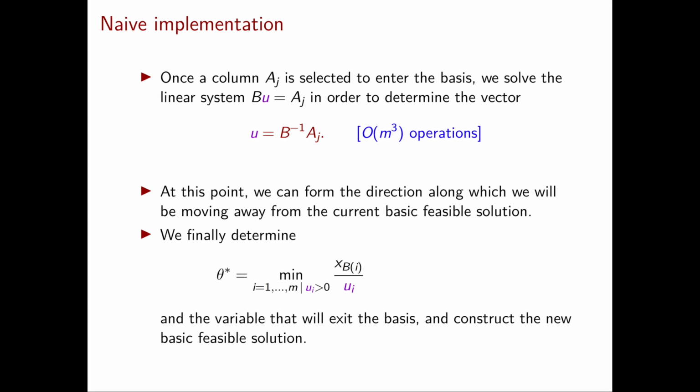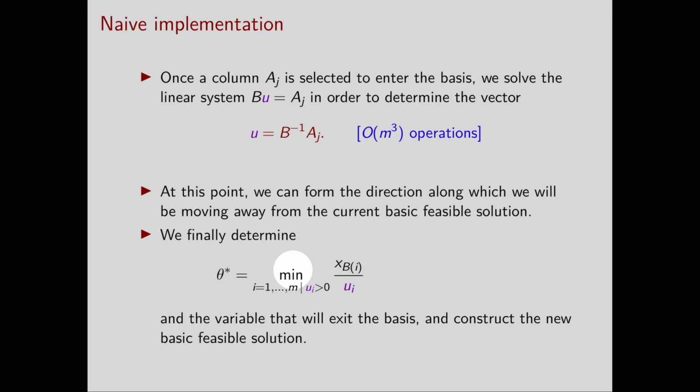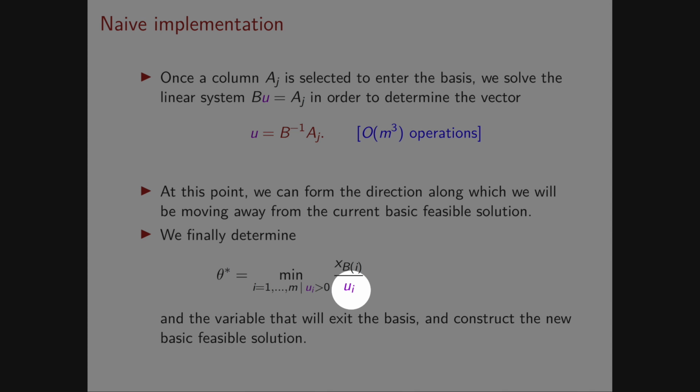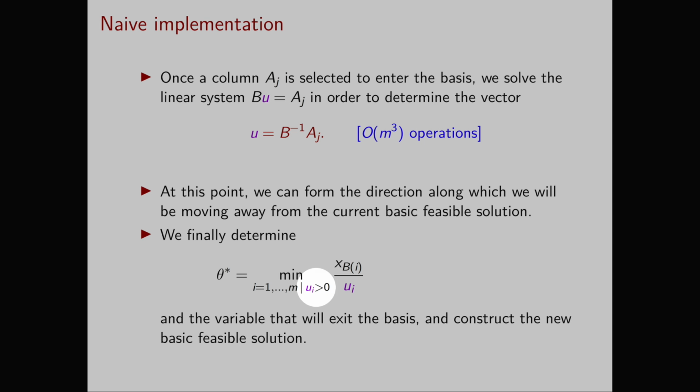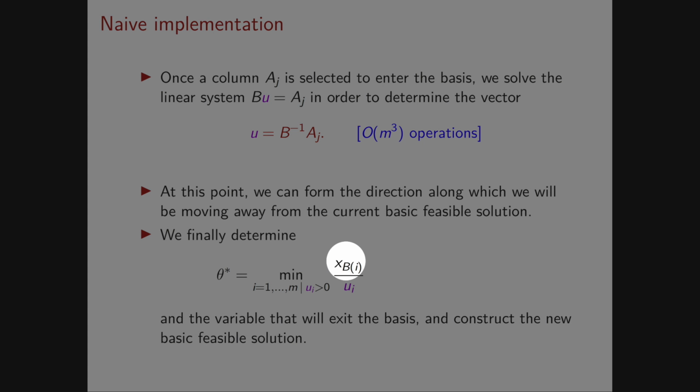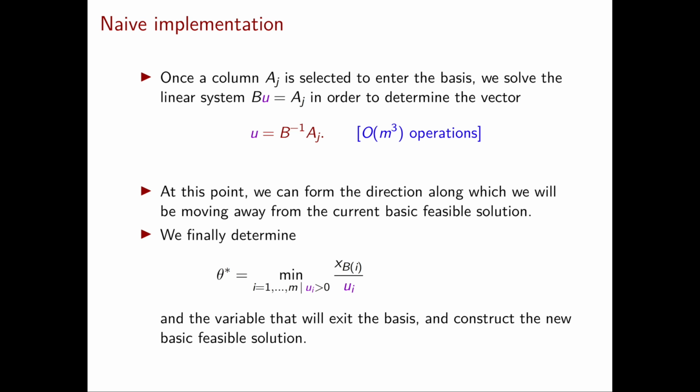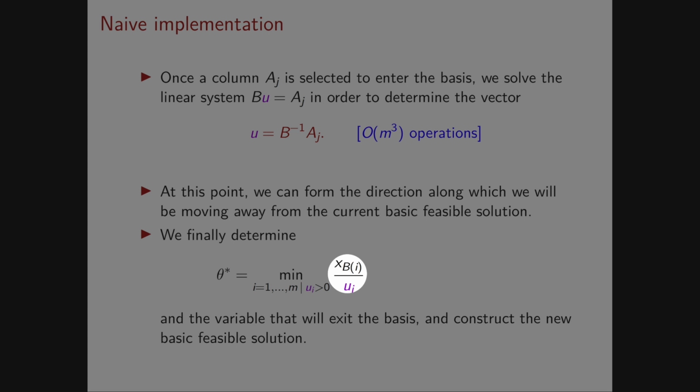The next step in our simplex method is that of computing theta star, which tells us how far along the jth basic direction we're supposed to travel. The definition of theta star is the minimum of xbi over ui for i that ranges from 1 to m with ui strictly positive. At this point we have all the xbi's available and we have computed all the ui's, so with at most m operations we can compute all these ratios.